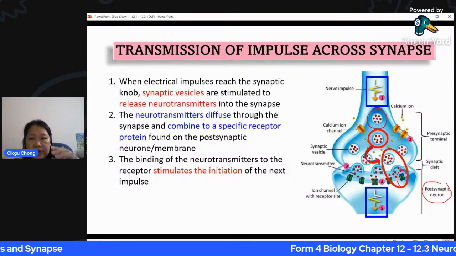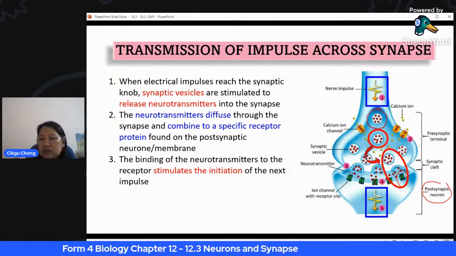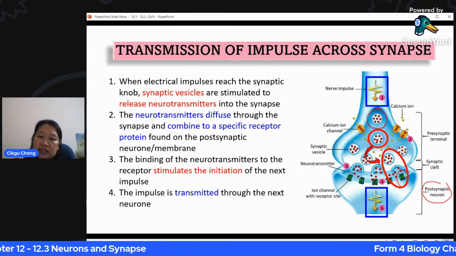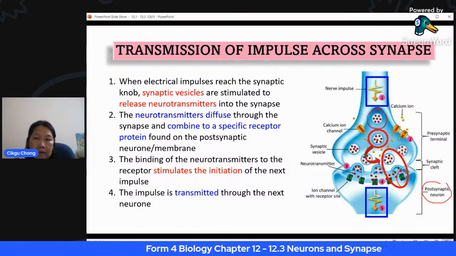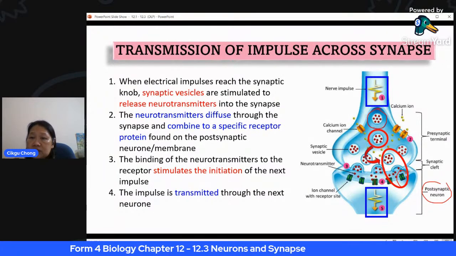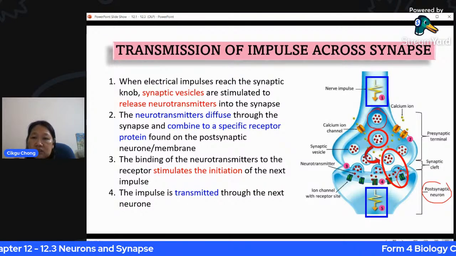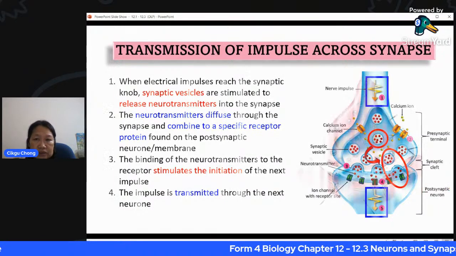In the middle it turns chemical. After that, the impulse will be generated back, and then this impulse is transmitted to the next neuron. So this will require you to explain the entire sequence. Depending on how many marks, you just make sure you write all these important points. All right, clear, right?